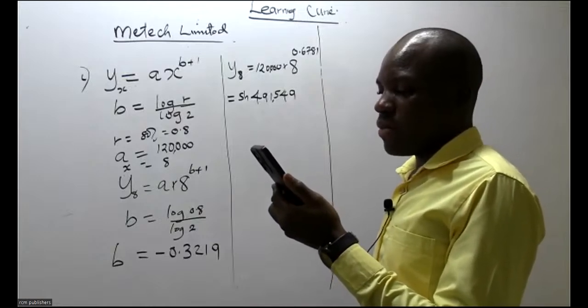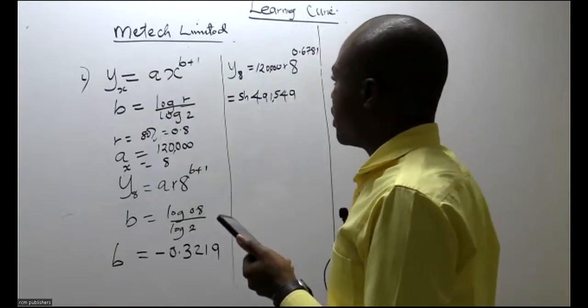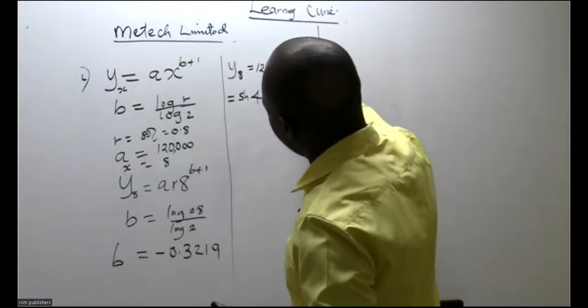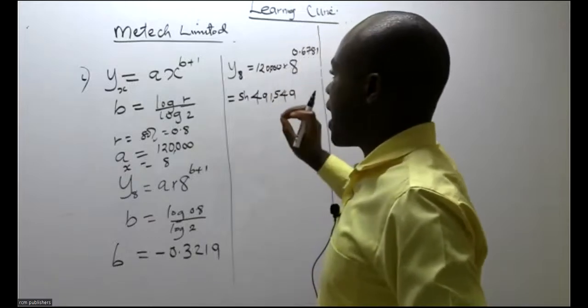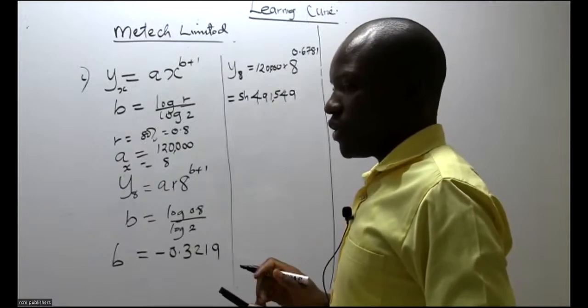Required: direct labor cost of the 8th batch. Not the 8 batches. Yes, we've done the first 8. But now for the 8th batch, how much are you going to incur to produce it? What are you supposed to do?